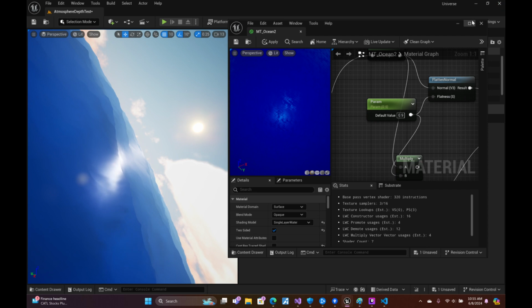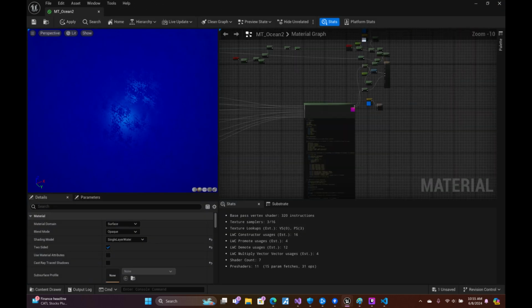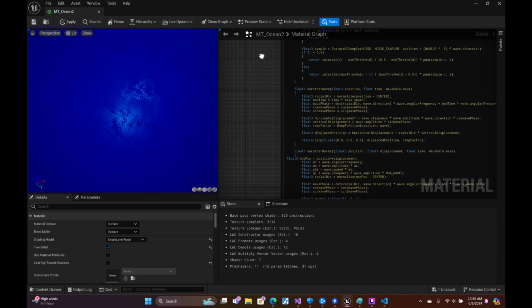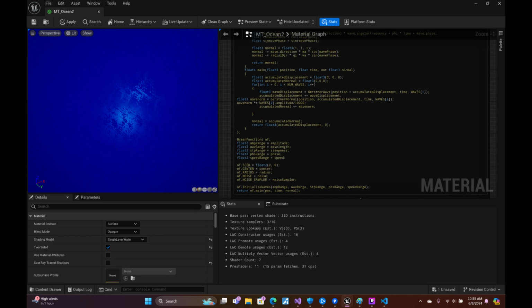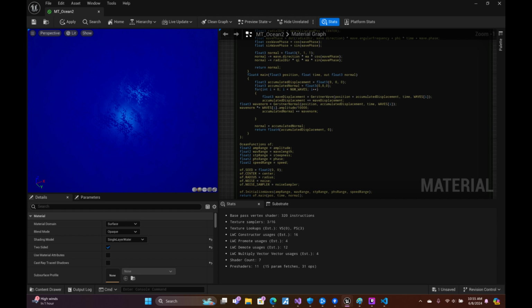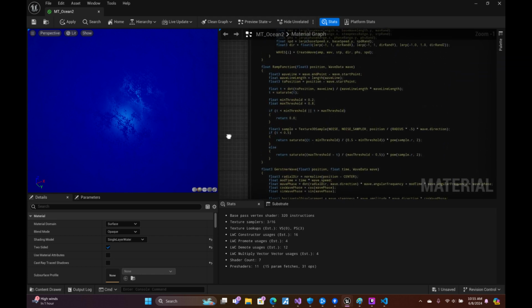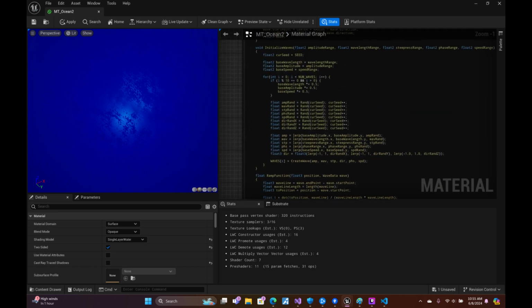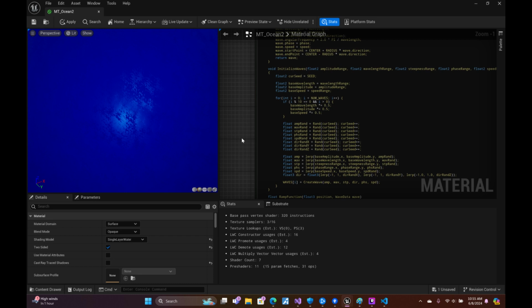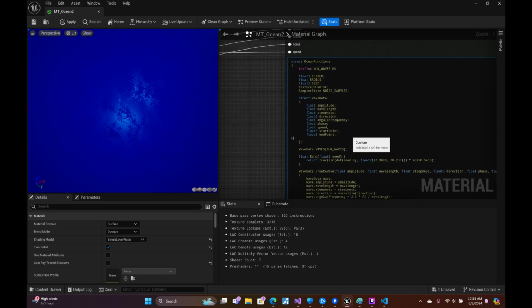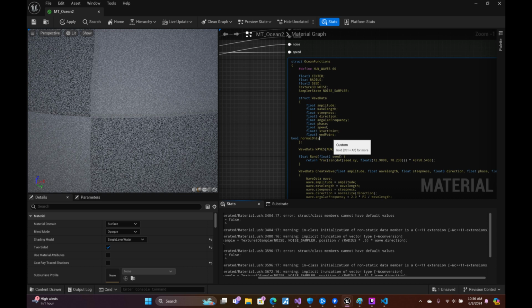We just need the big blocky wave shapes. Can't do this like that anyway.